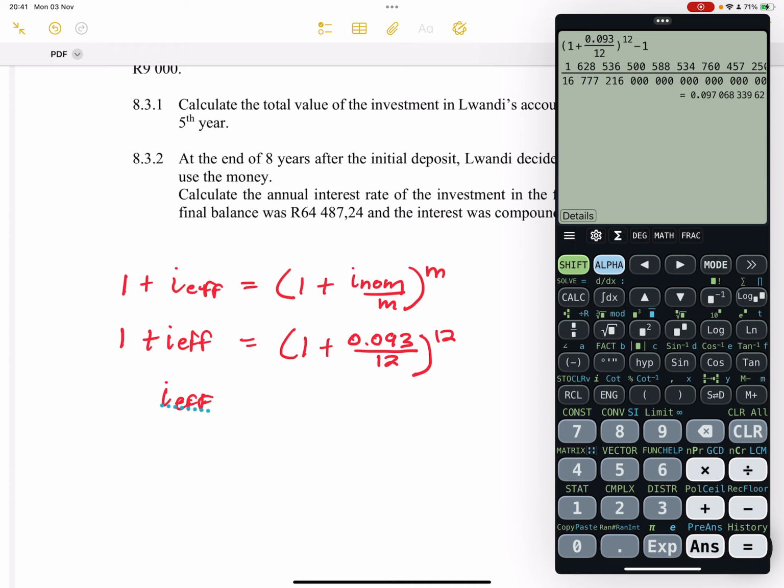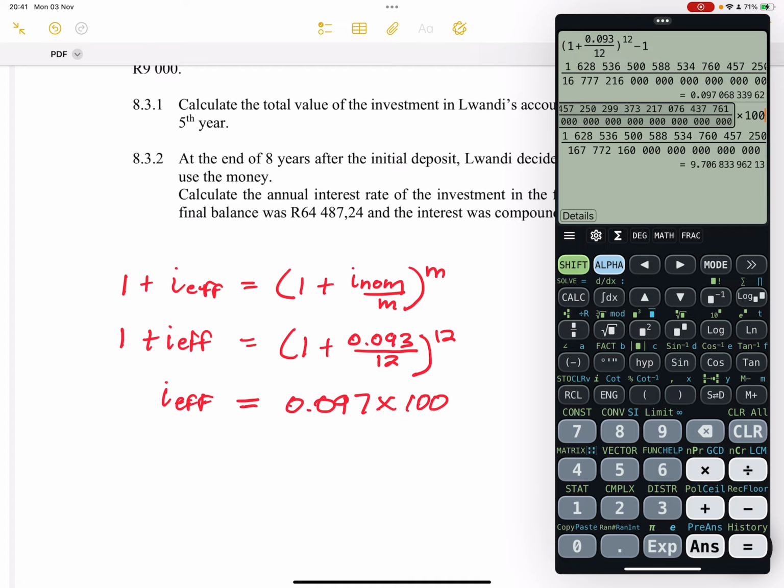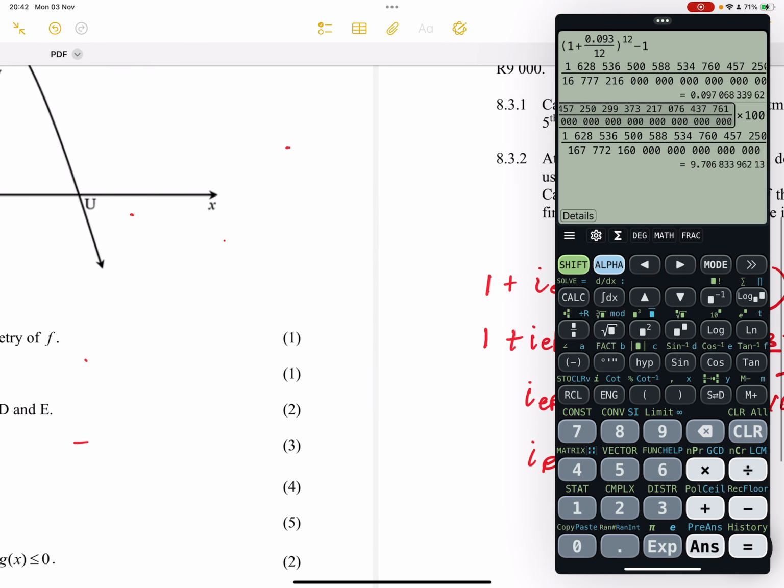So I get the effective interest rate to be 0.097. But remember, I multiply this by 100. And in this case, if I take that value and multiply it by 100, my effective interest rate would be, well, we can say 9.71%.